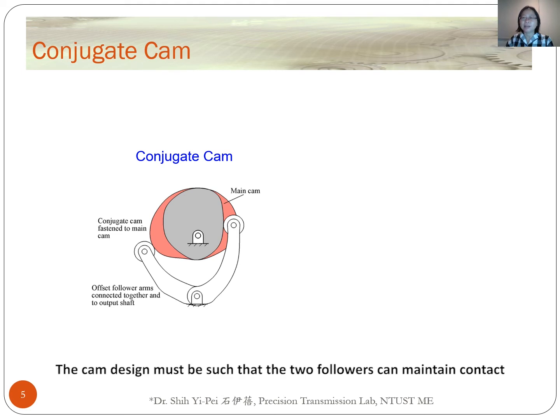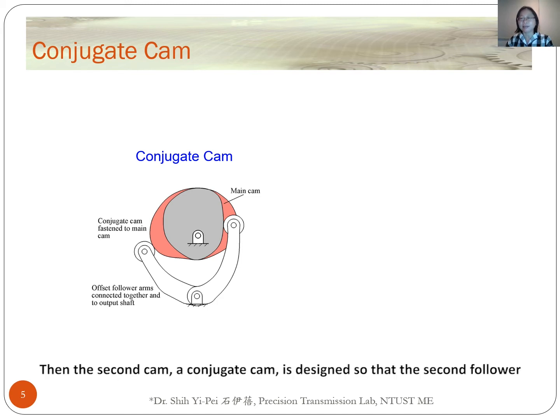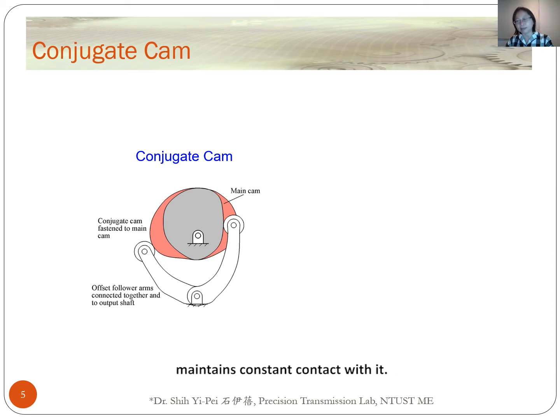The cam design must be such that the two followers can maintain contact with the two cams at all times. In the design process, we must first design the main cam to meet the design demand. Then the second cam, a conjugate cam, is designed so that the second follower maintains contact with it.